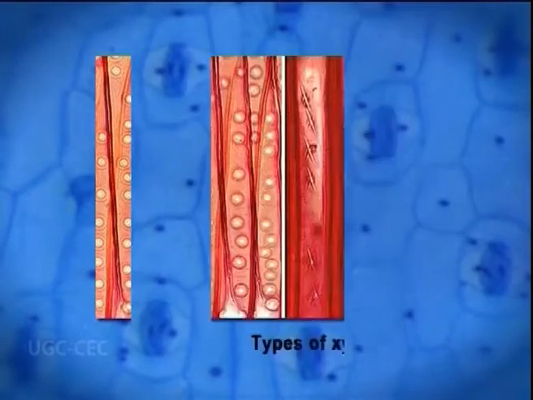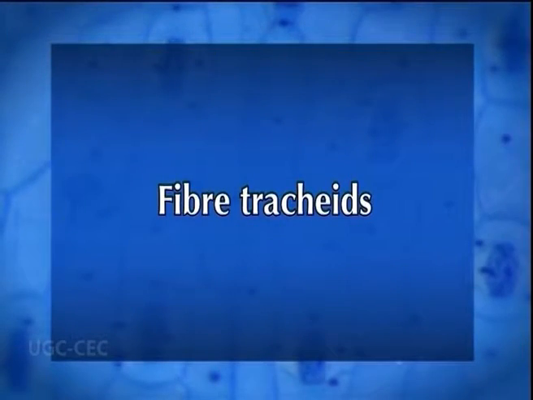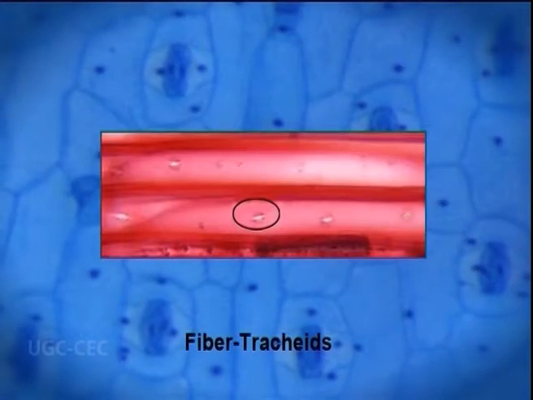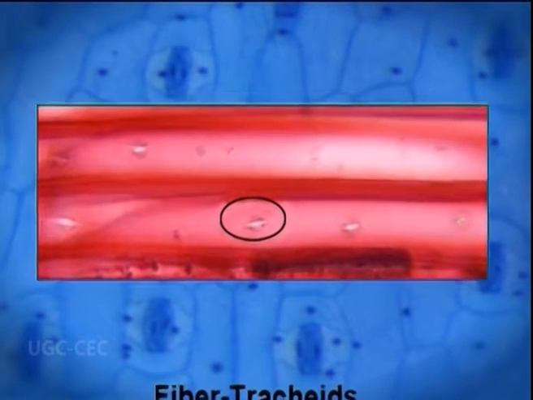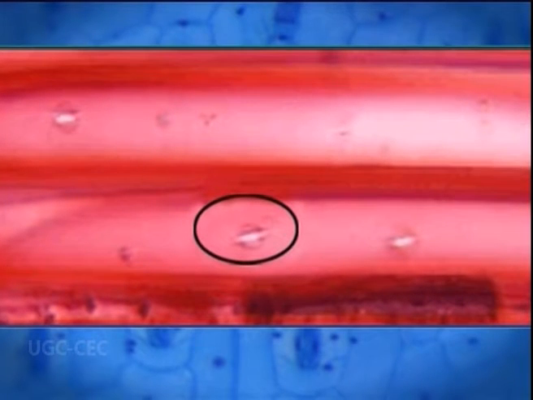evolved. There are two types of xylem fibers: fiber tracheids and libriform fibers. The fiber tracheids have bordered pits. These pits have a pit canal with a circular outer aperture and an elongated or slit-like inner aperture.